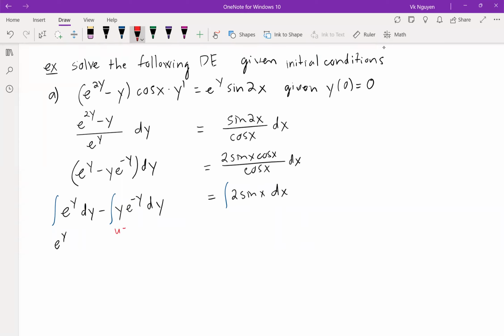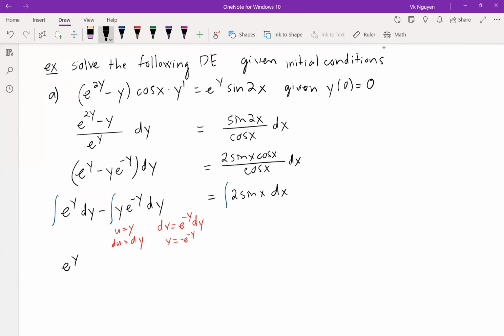So we can let u be y, du is dy, dv is e^(negative y) dy, and v is going to be negative e^(negative y).